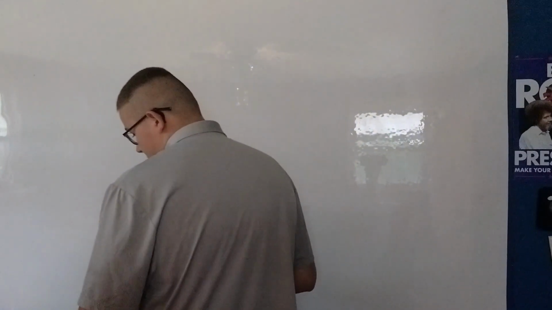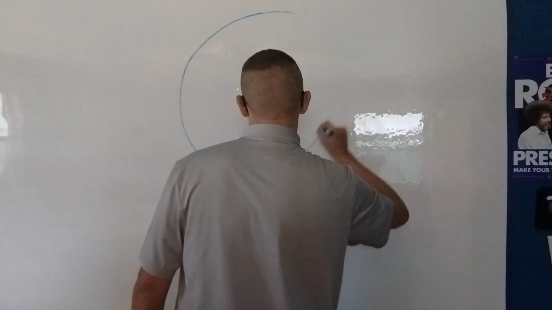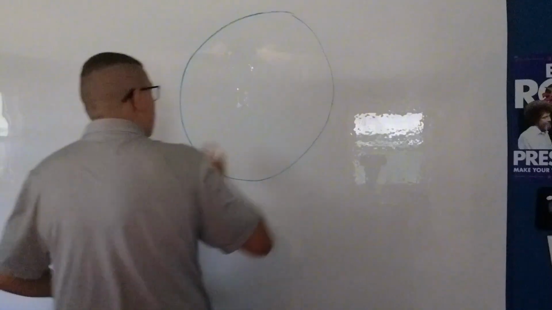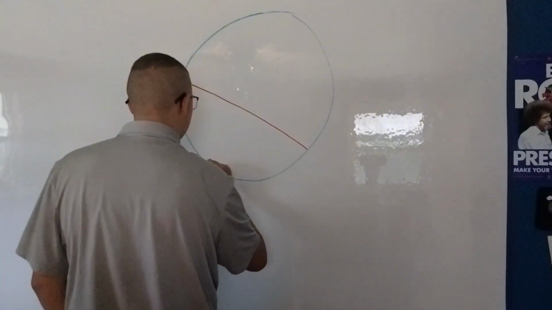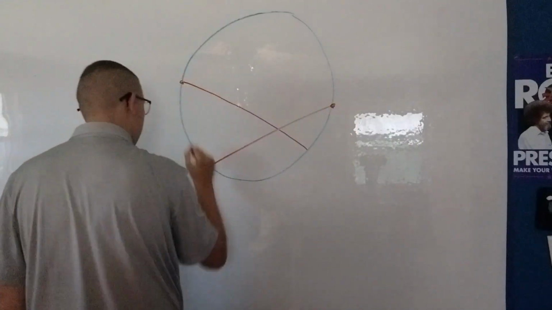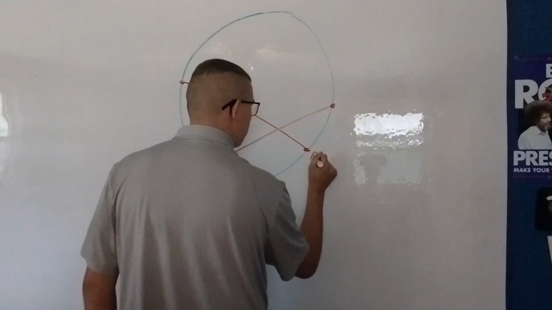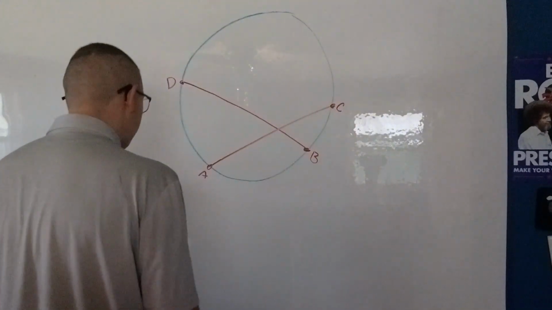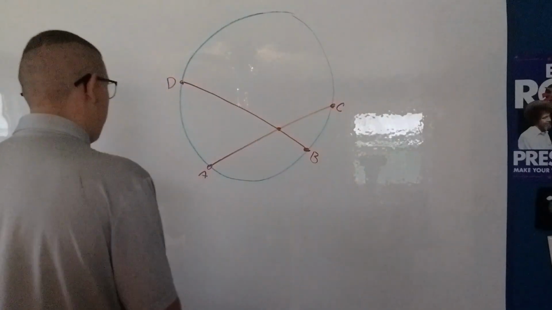Again, if we have a circle like this, and we go here like that, those are our two chords. A, B, C, and D. And they meet right here, like that.